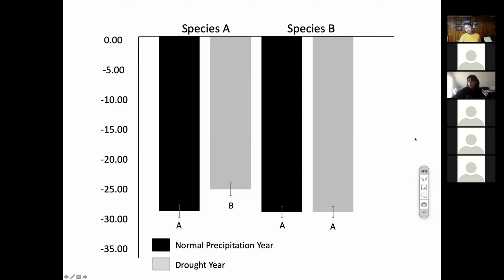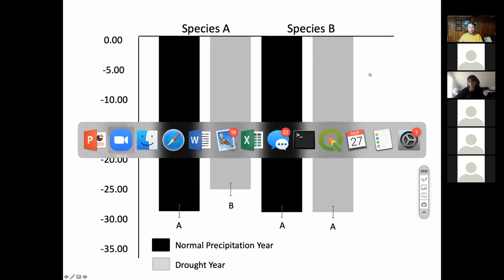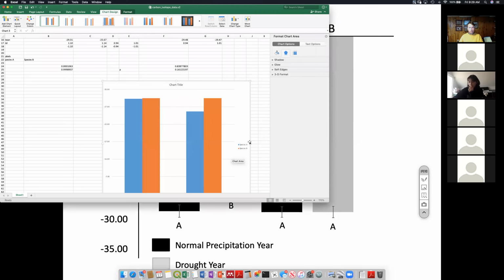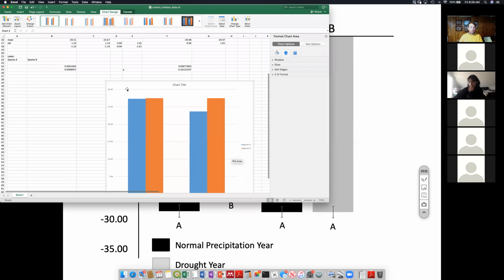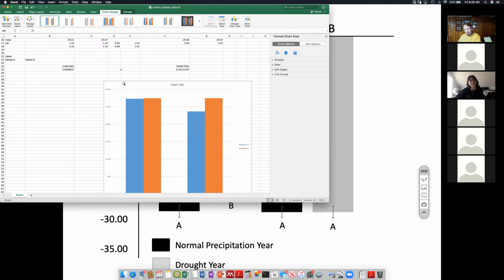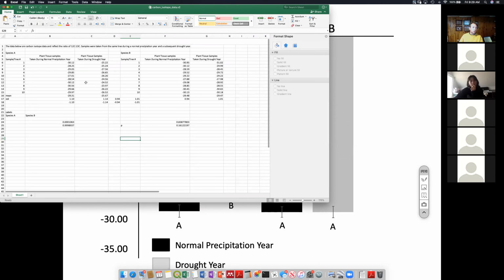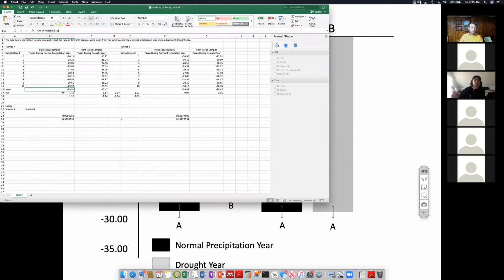So we're going to get started. When you download your sheet, you're going to get something like this. So you've got species A here, all the tree plant tissue samples for the normal year and the dry year.